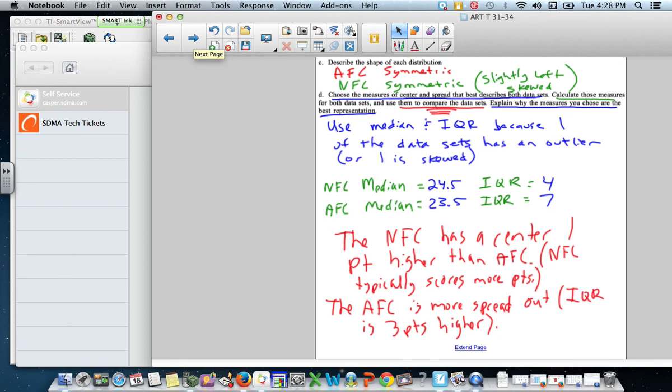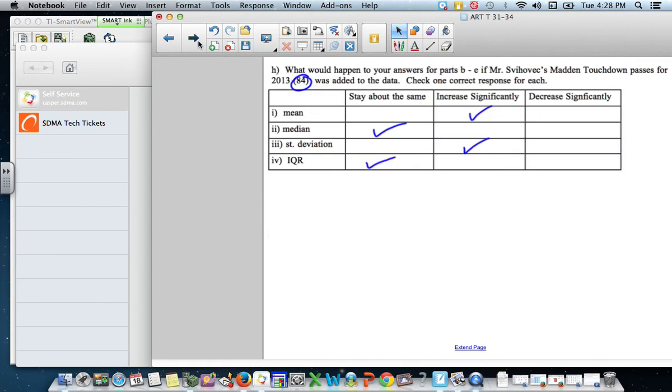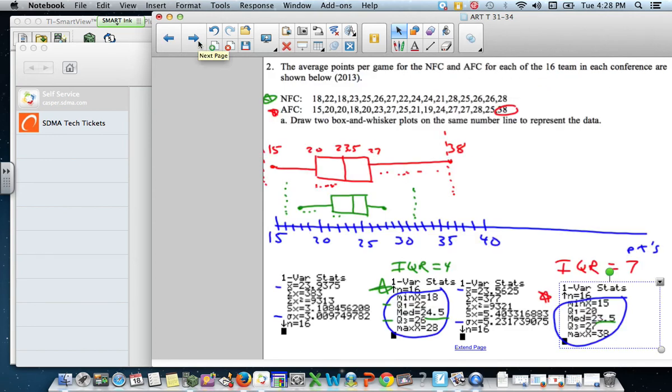Some teams score a lot more compared to other teams. We can see that in the data here. We have from one team to the next, someone scoring 38 points compared to 15. That's a wider range. The data is more spread out in the red graph. Whereas the NFC is more condensed. It's more typical, typically closer together.